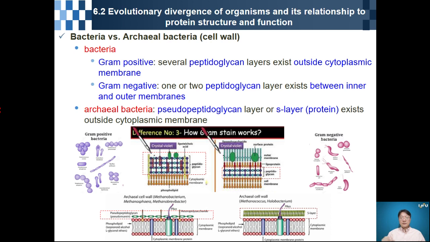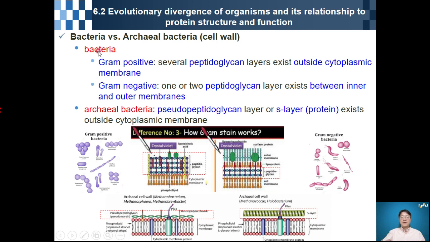Let me summarize the difference between bacteria and archaeobacteria. The big difference is the cell wall structure. For example, bacteria have the peptidoglycan layer. However, archaeobacteria have the pseudopeptidoglycan layer or the S layer.